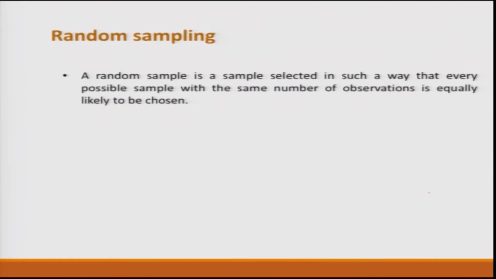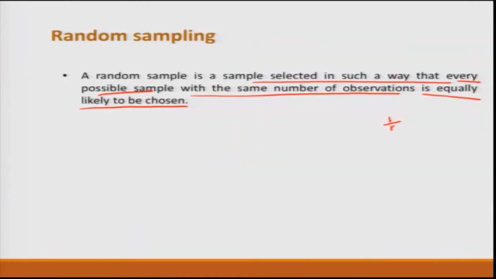The first one is simple random sampling. A random sample is a sample selected in such a way that every possible sample with the same number of observations is equally likely to be chosen. That is, the probability of selecting each item is equal.